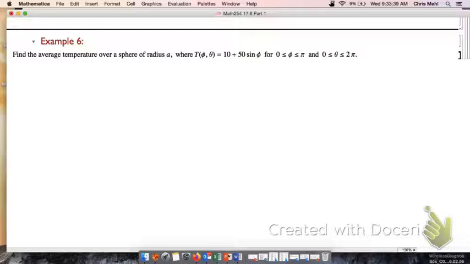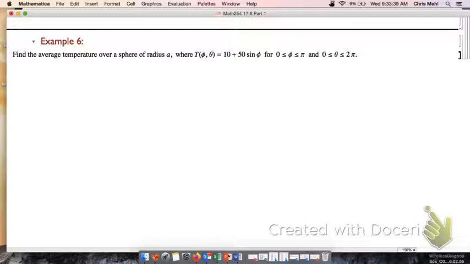Okay, so the last thing I can do is find the average temperature on the boundary of a sphere. So if I have a temperature function, T of phi theta, this is 10 plus 50 sine phi. Basically this temperature function is already in spherical coordinates.